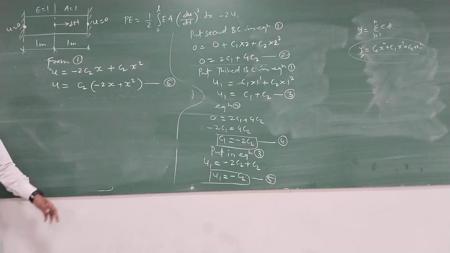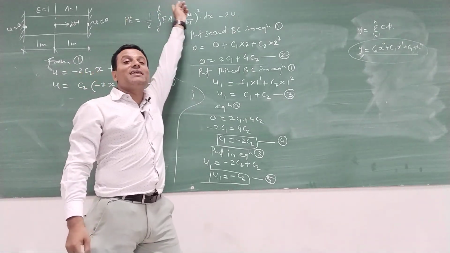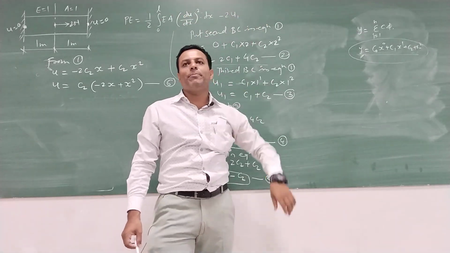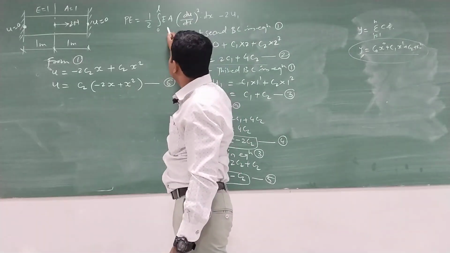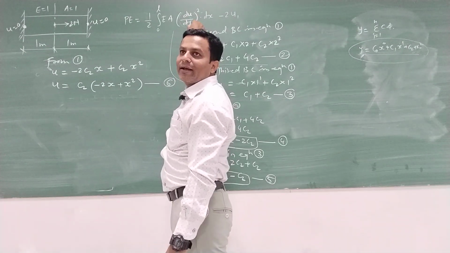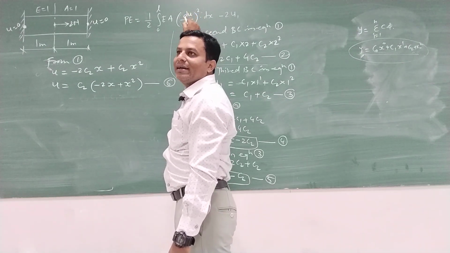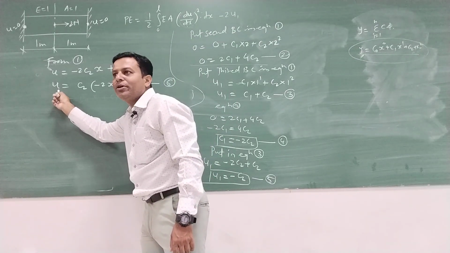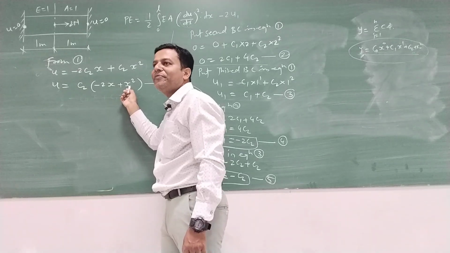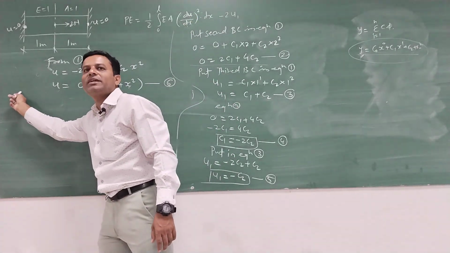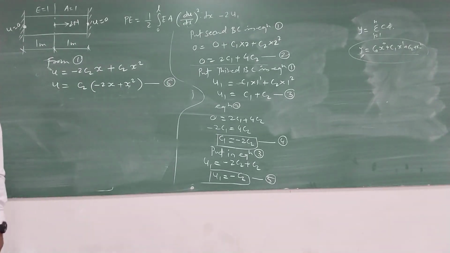Now we'll have to solve this potential energy. In this potential energy approach, just see, here you will require du by dx, and now we have the equation of u in terms of x. So if you want du by dx, then we'll have to differentiate this equation with respect to x.